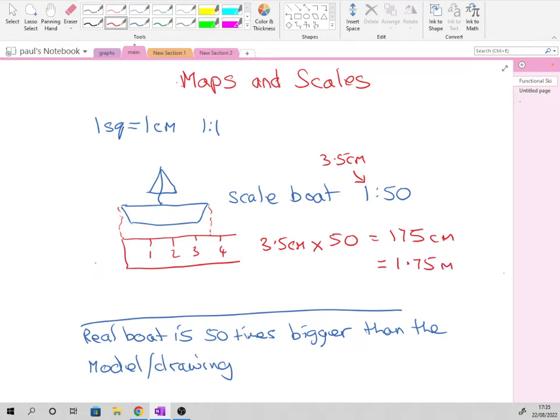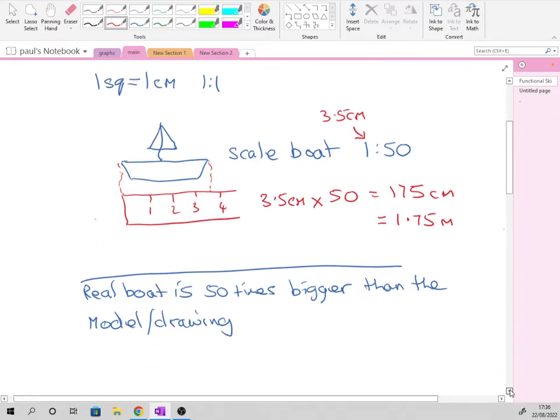I know it's a tiny little boat, but it's just a representation. So the scale is 1 to 50. Maybe the scale should have been a bit more, so we've got a bigger boat. But yeah, it's 1.75 meters long in reality. Must be about 5 feet long. That'd be all right. You could get maybe 2 people in there. Tiny little boat that you go around the lake on. So that's how to work out a scale.